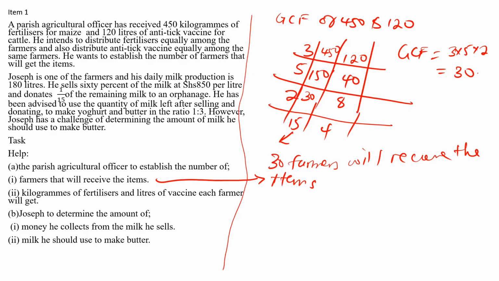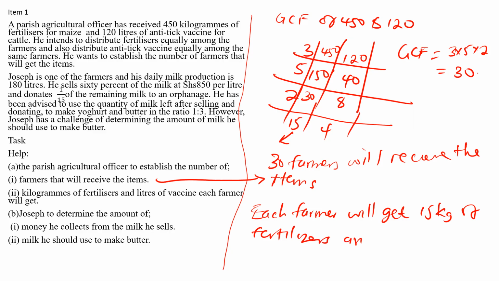So you say that each farmer will get 15 kilograms of fertilizers and 4 liters of anti-tick vaccine.